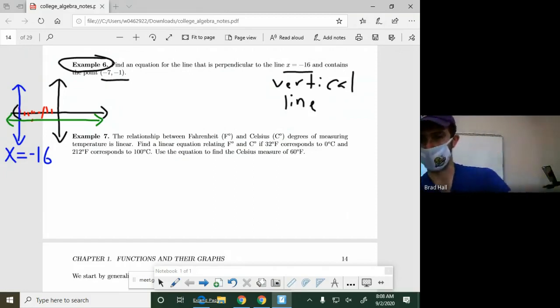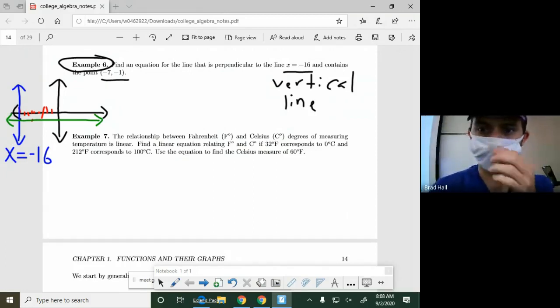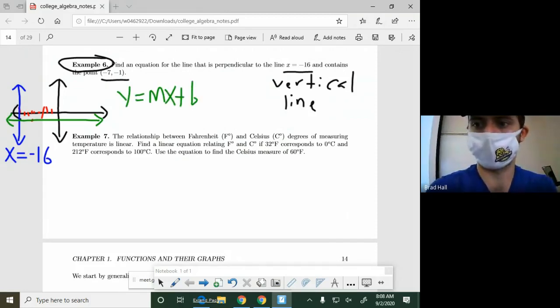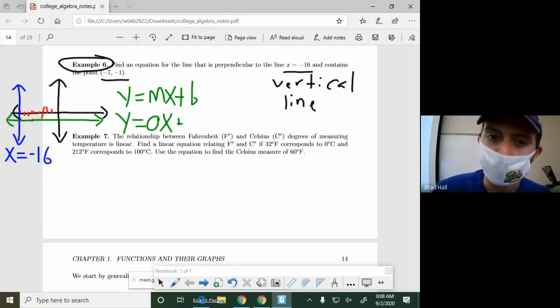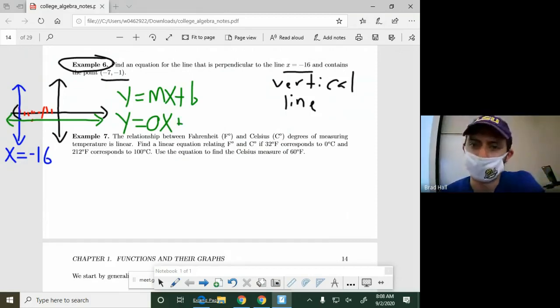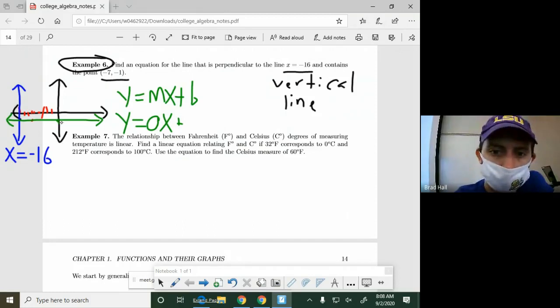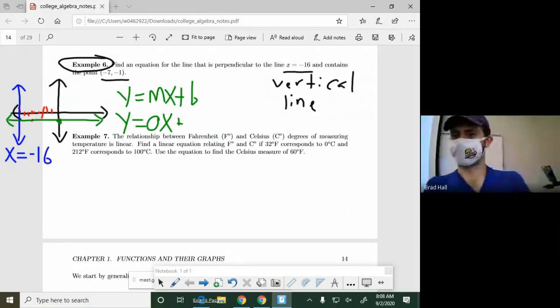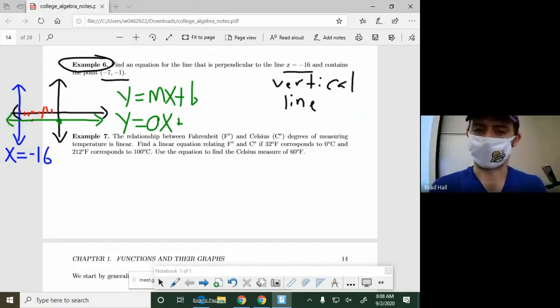So if we were thinking about mx plus b, well, we know that the slope is 0. And then the y-intercept is the last thing we have to figure out. Or additionally, what's the y value, rather?